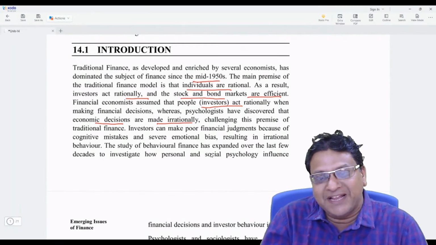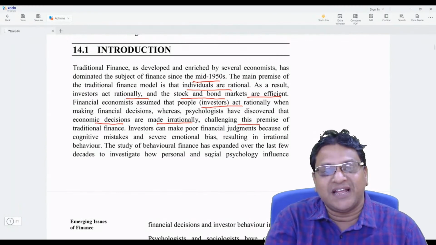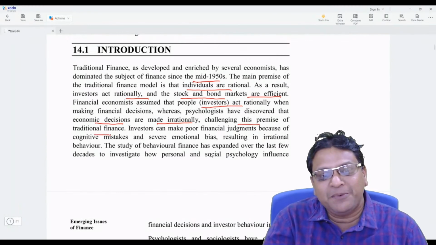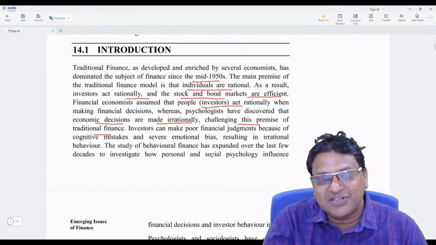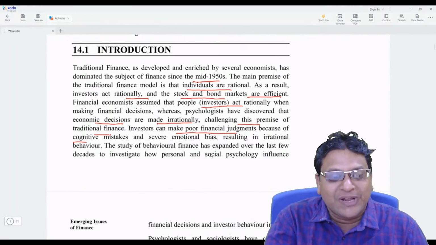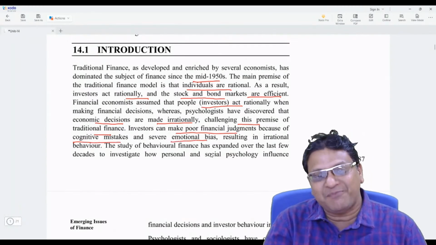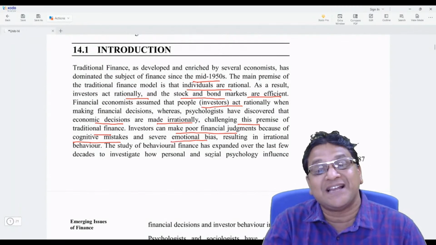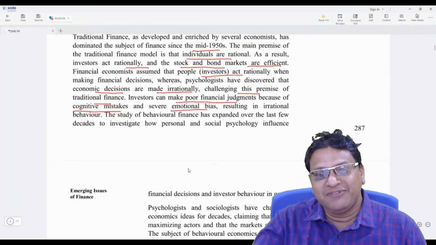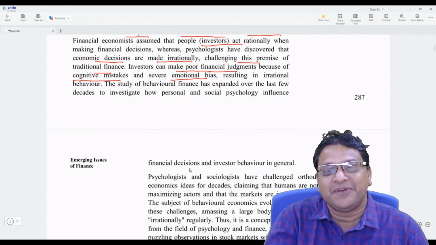So behavioral finance challenges the premise of traditional finance. Behavioral finance tells that investors make poor financial judgment because of cognitive mistakes. So there are certain emotional biases while taking financial decisions. So the investors in that context show some irrational behavior.